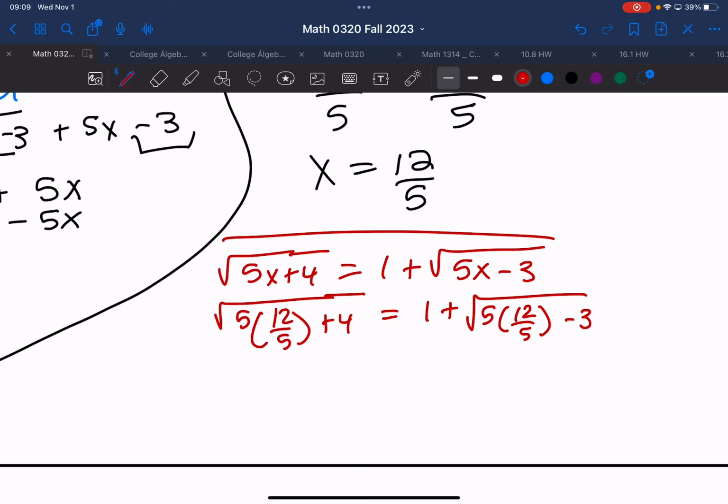What's going to happen to that 5 and the denominator 5 on both of them? They're going to cancel. So I'm left with the square root of 12 plus 4 is equal to 1 plus the square root of 12 minus 3.